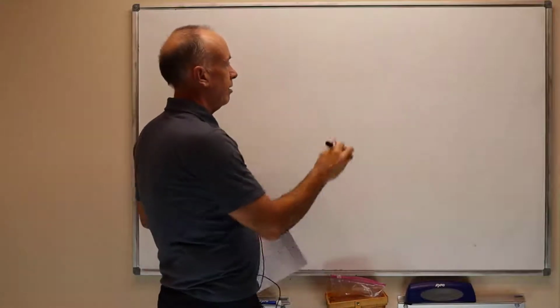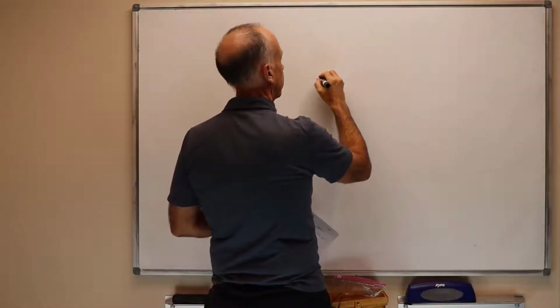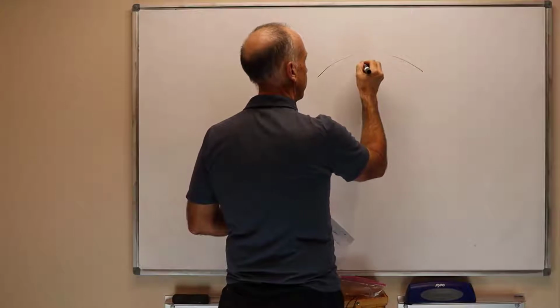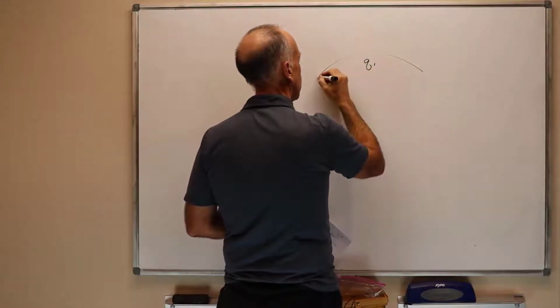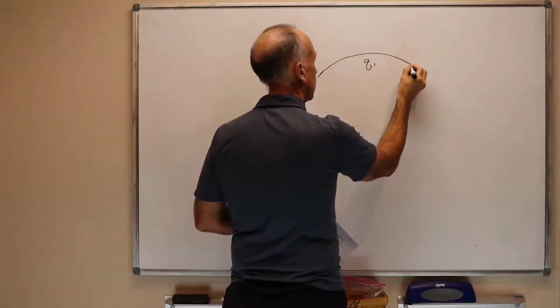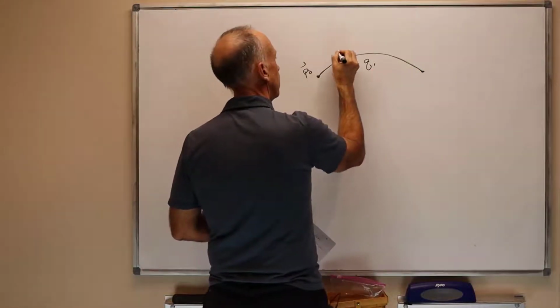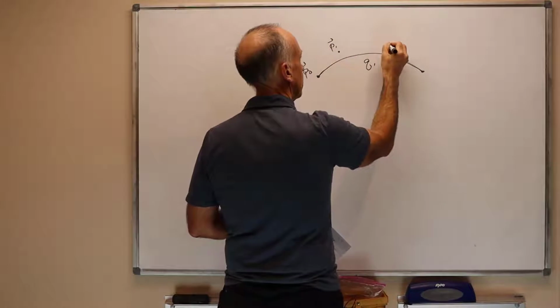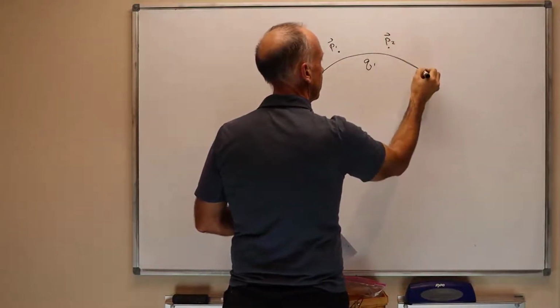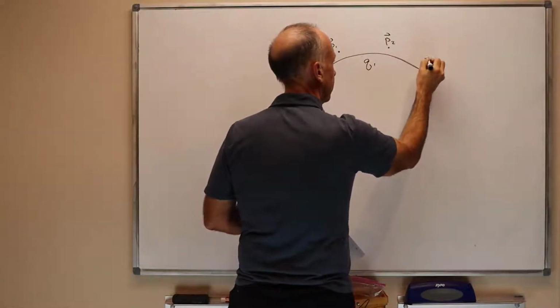So let me draw the slightly simpler case where we just have two curves put together to make one curve. There's Q1, which has control points P0, P1, P2, and P3 again.